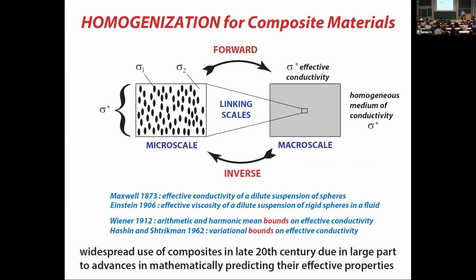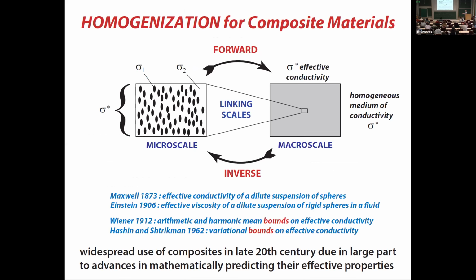And one of these central challenges in dealing with composites is how do you mathematically predict the effective properties given some partial information about the geometry and the constituents on the smaller scale. And this is called homogenization.